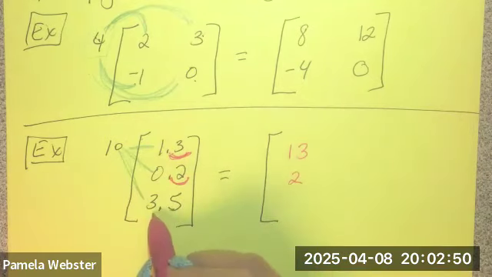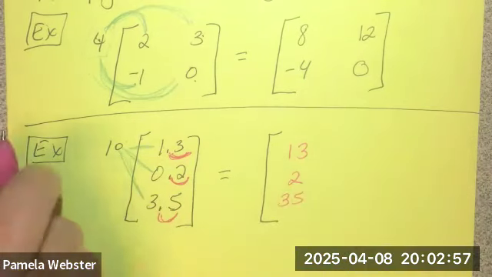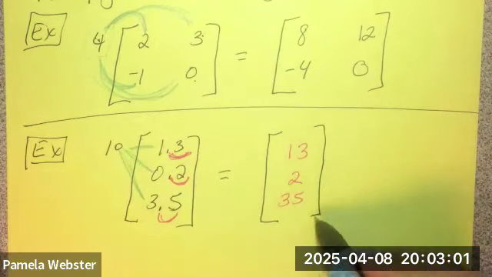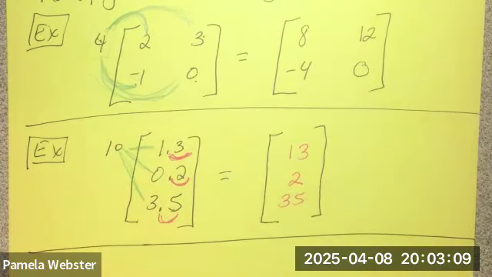And here, when I multiply by a 10, move that decimal place over 1, 3.5 becomes 35, right? So for every power of 10, it moves it 1 decimal place. So that's the kind of stuff we're talking about here.